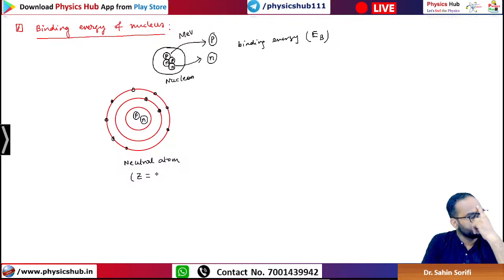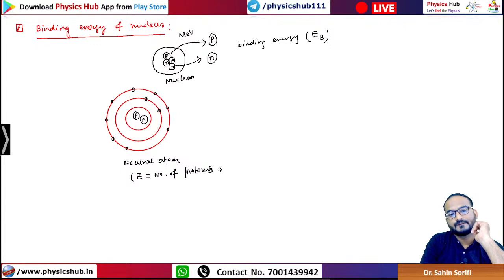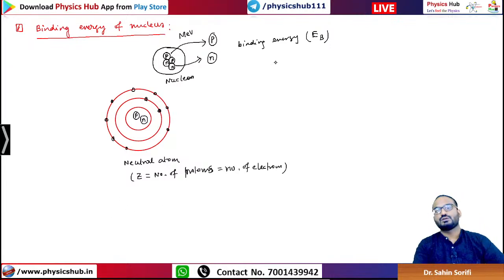Z is equal to the number of protons, equal to the number of electrons.